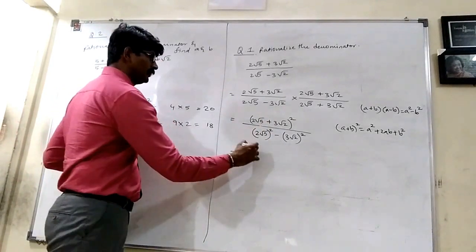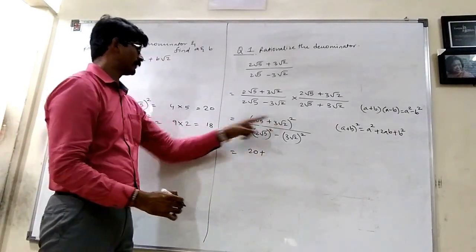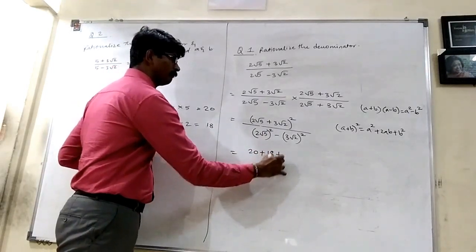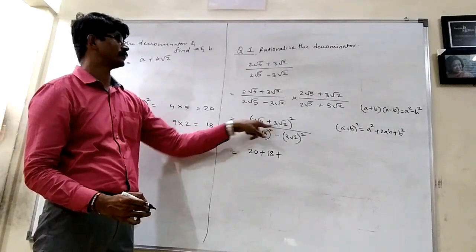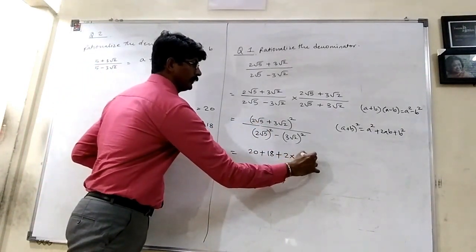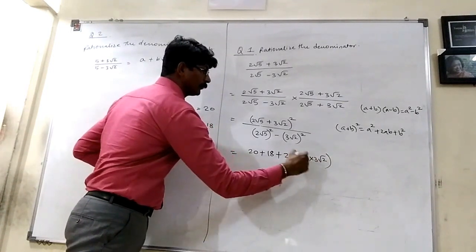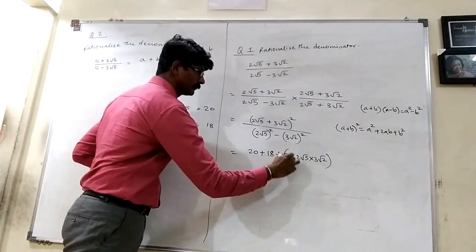A square will become 20 plus b square, that is 18, plus 2 times the product of this ab, 2 times 2 root 5 into 3 root 2. I hope you understood this because this is 2ab, isn't it?